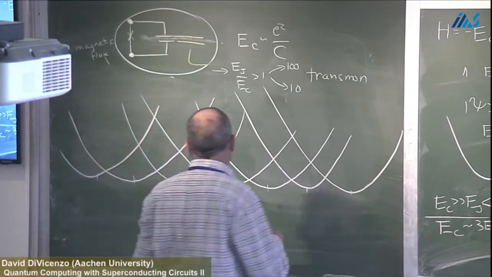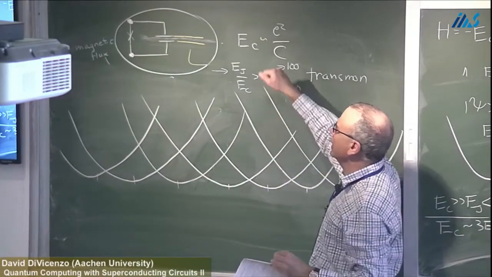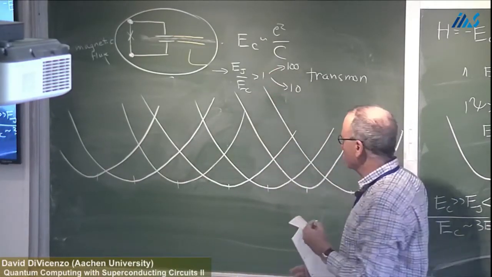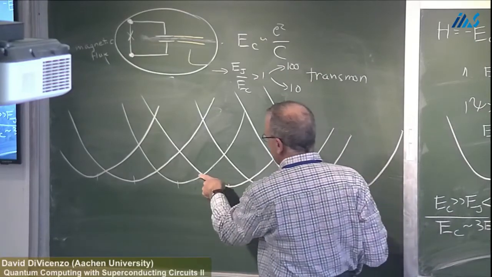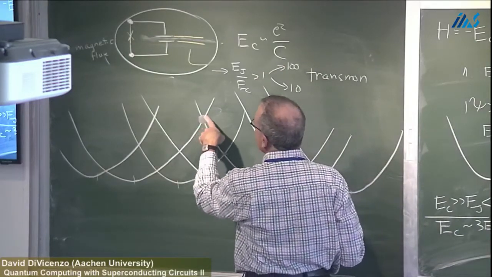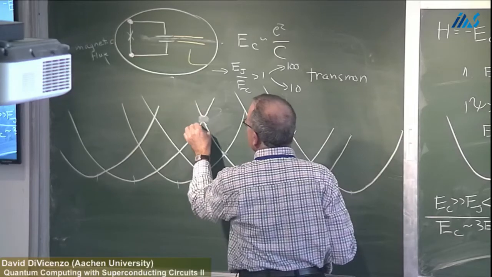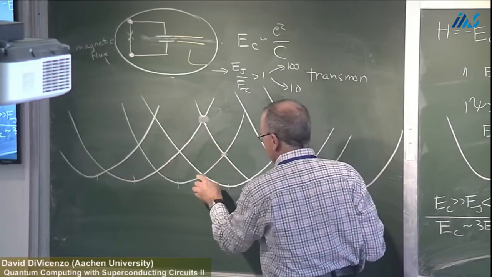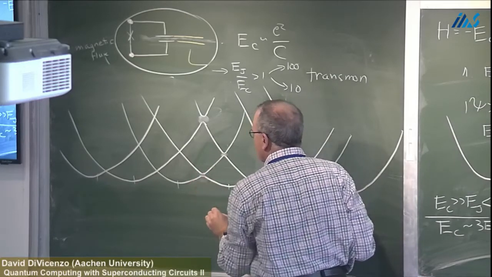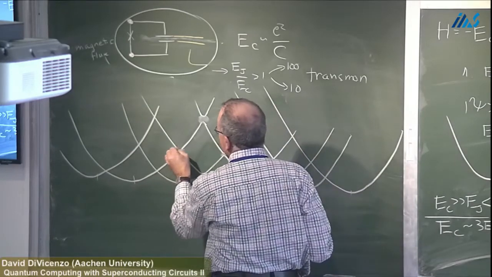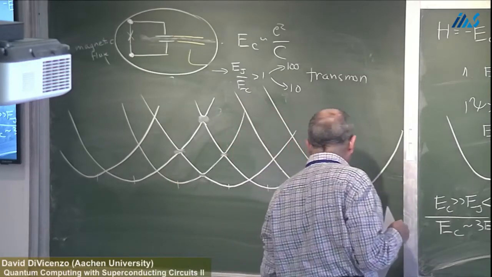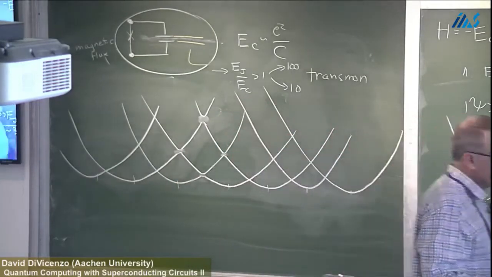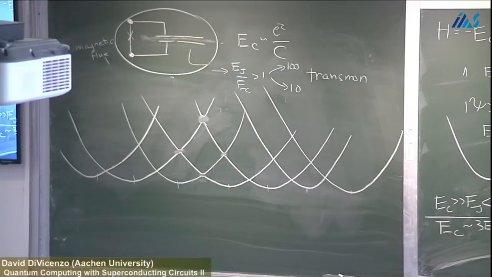Okay, so what happens as I turn up EJ? Turn down EC is actually more the story, as I said. So you start opening gaps. Actually, the gaps up at higher energy already tend to be bigger, just a statement of perturbation theory. But as I go to large EJ, I get strong level repulsion in these bands. So these bands are forced to start getting very flat.